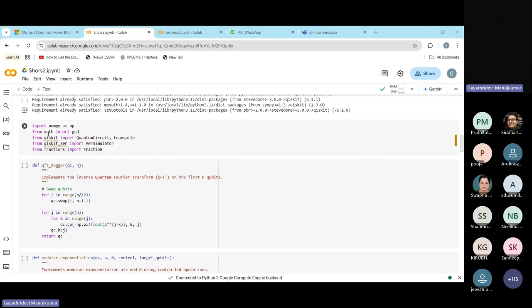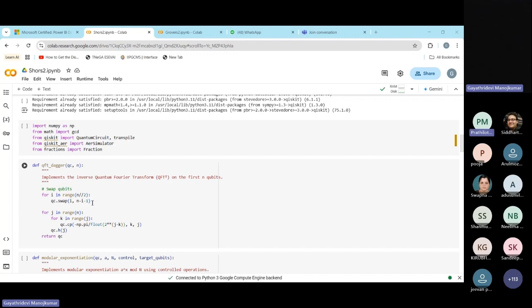NumPy I have used for numerical operations, and from the math module I have imported GCD, which I use to check on factors. Qiskit is used to build and simulate the quantum circuit, and the Aer simulator provides a backend to run quantum circuit simulations.